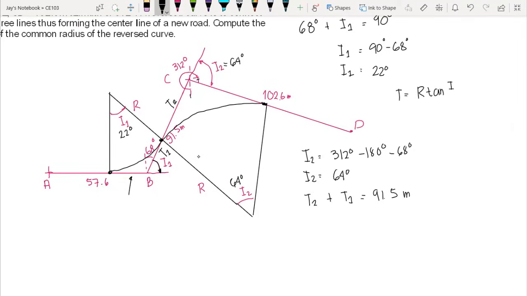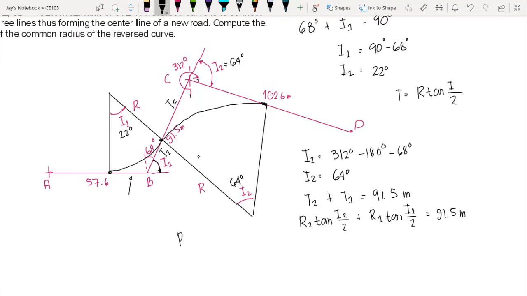Individually, for tangent 2, we have R2 tangent of I2 over 2. For tangent 1, that is R1 tangent of I1 over 2, and this equals 91.5 meters.